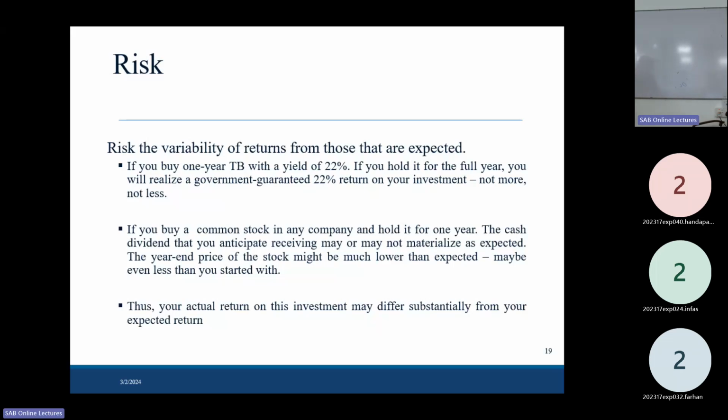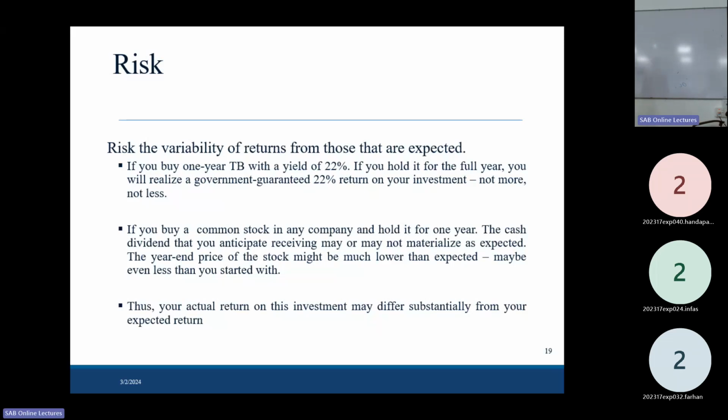So that is why we call it the risk-free rate of return, because this 22% for sure you'll get. No more, no less. So that is why we call it a theoretically risk-free investment. No variability. Theoretically, no variability. You will not default, so you will get 22% at the end of the 1 year.